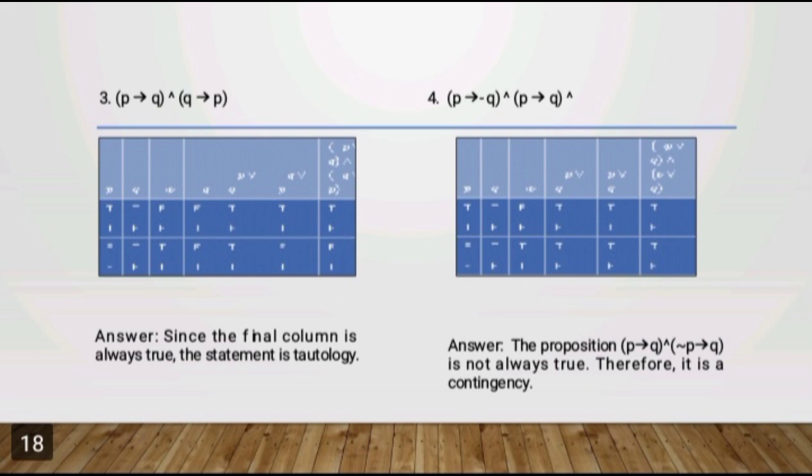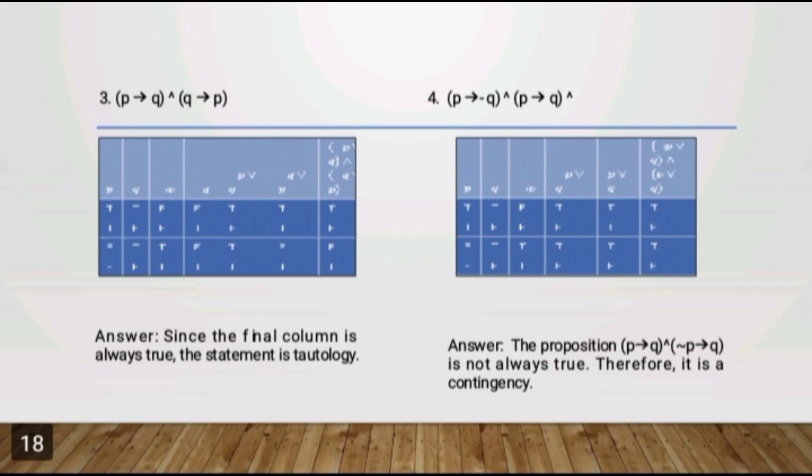Implies P: false, false, true, true. Implies Q: false, true, false, true. P implies Q: true, false, true, true.